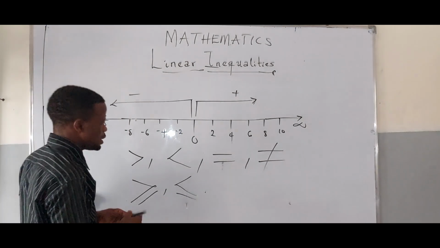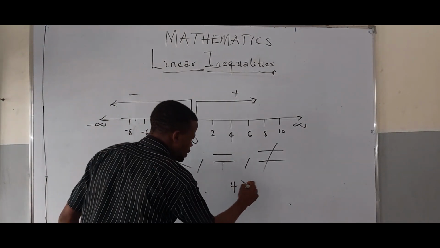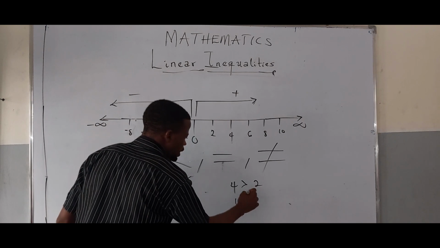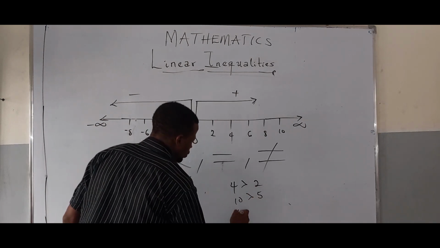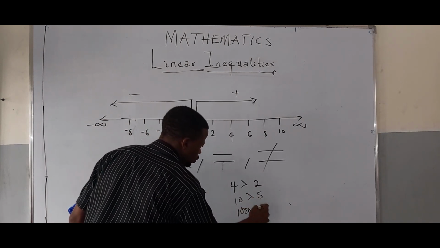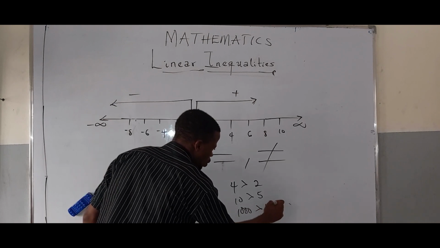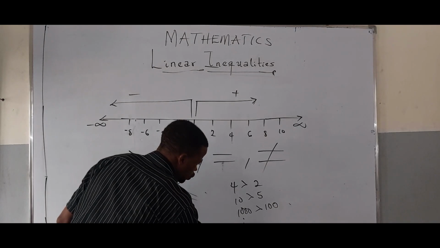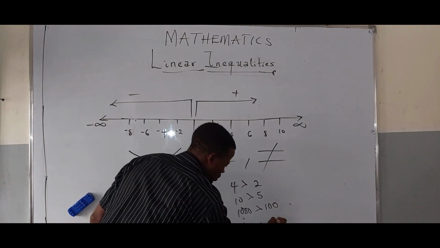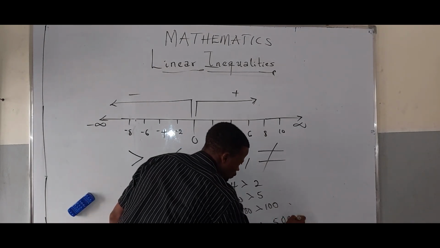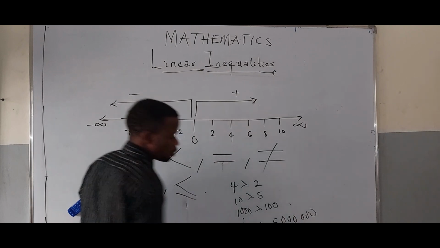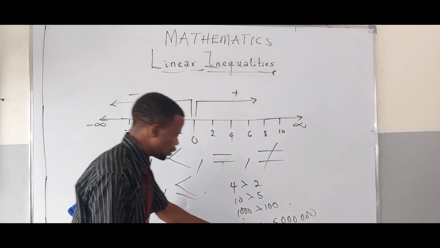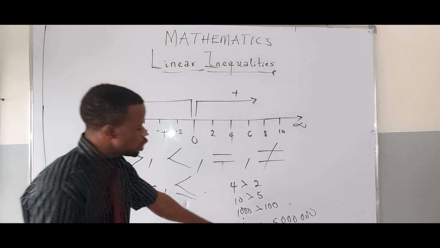So that implies that 4 is greater than 2, 10 is greater than 5, 1,000 is greater than 100, right? On and on. Infinity is greater than, say, 5,000,000. It is an undefined number, it's large, so it's greater than this.